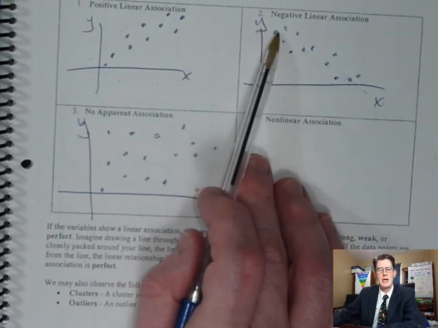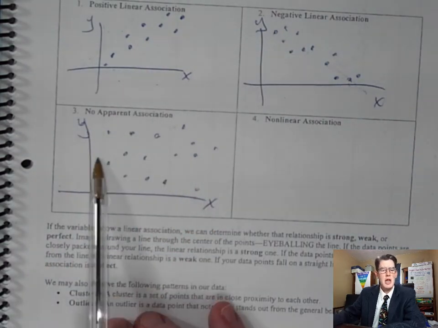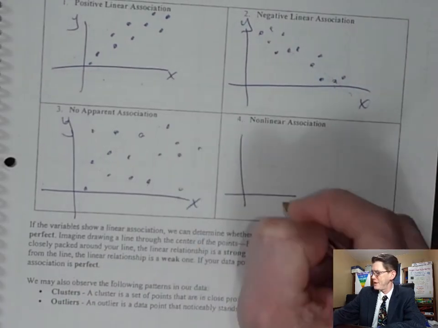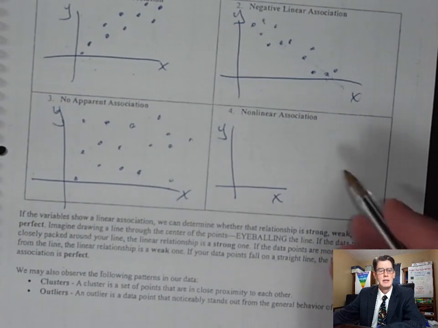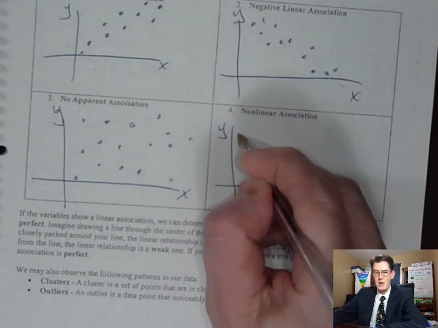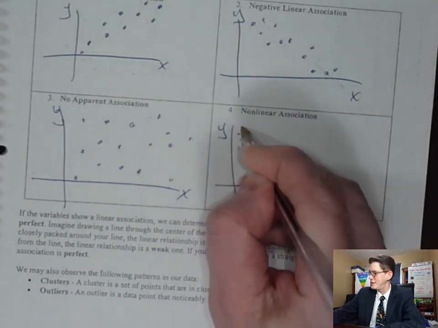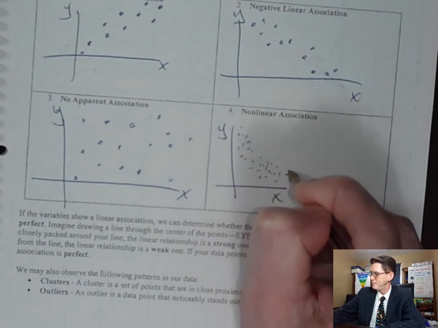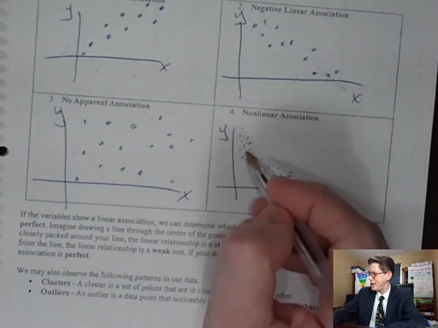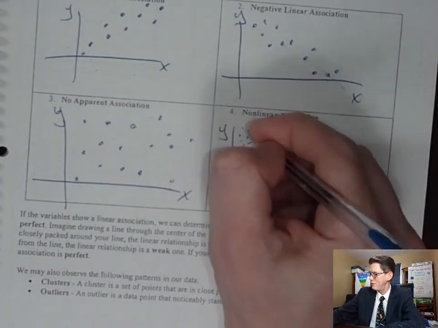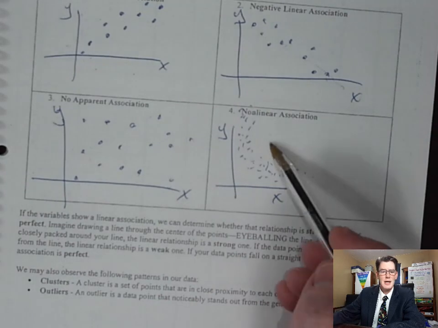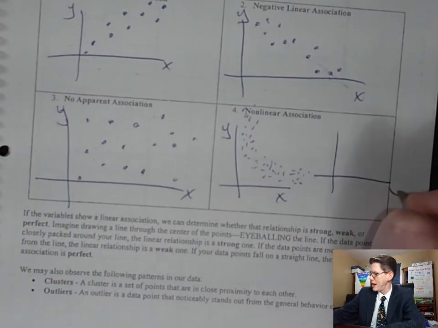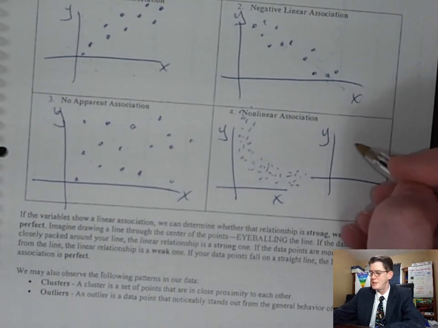There are things I could talk about in life that have negative associations, but this is what no apparent association looks like. You could also have things associated in ways that are not linear. Let's say you've got a bunch of data in a scatter plot that looks like this. I guess you could draw a line through, but if I draw some more over here, you can see that no, it's kind of like this curve right here. Or maybe you've got a bunch of data that looks like this.